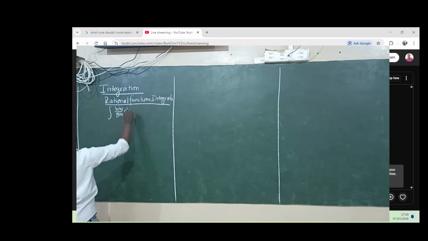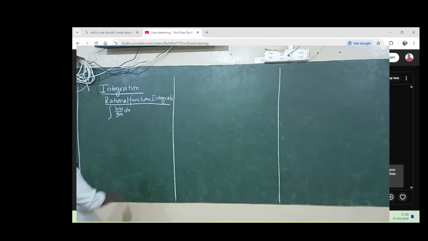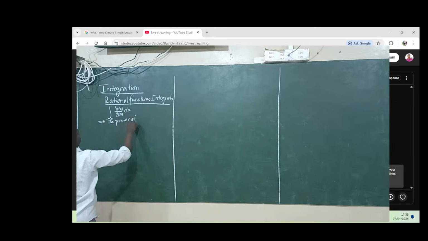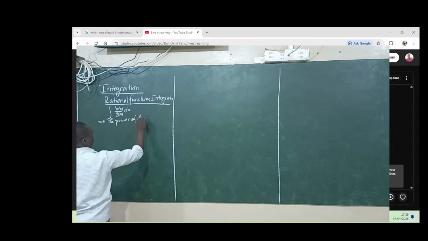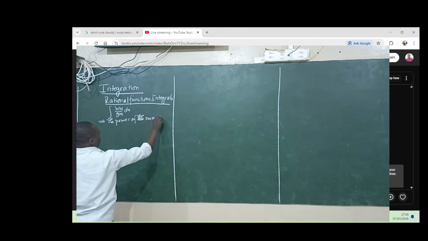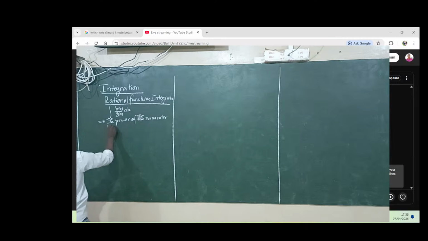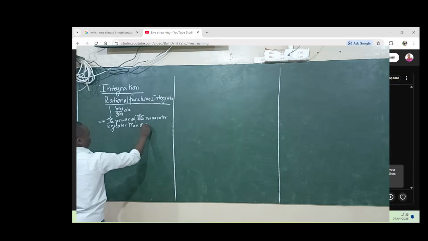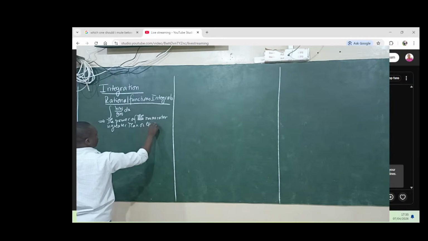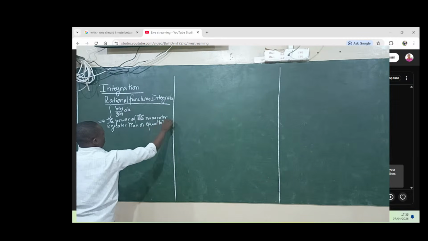We saw when the power of the denominator is bigger than or equal to the power of the numerator. So here the power of the numerator is greater than or equal to that of the denominator.